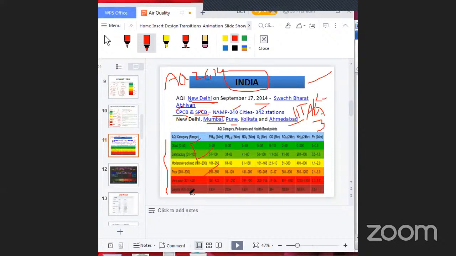The proposed air quality index will consider 8 pollutants: PM10, PM2.5, NO2, SO2, CO, O3, NH3 and lead.